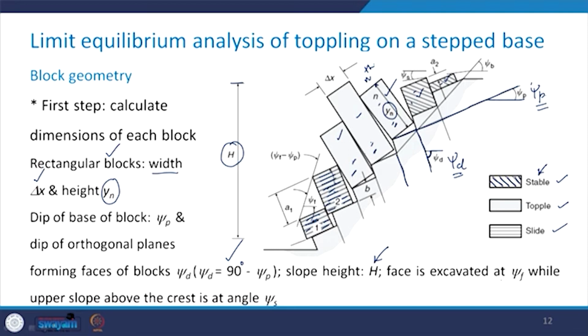The face is excavated at an angle of psi f, while the upper slope above the crest is at an angle of psi s. So, you see that it is something like this. This is psi f and this portion here is psi s.